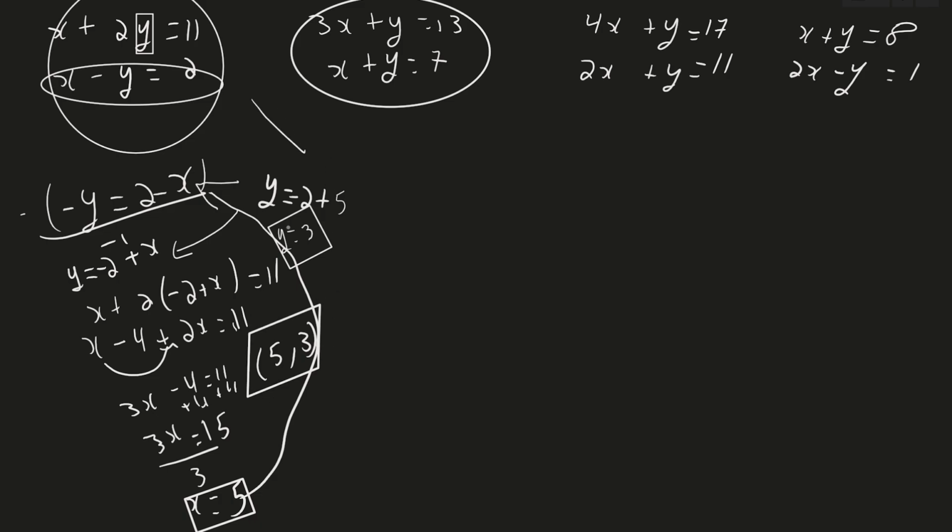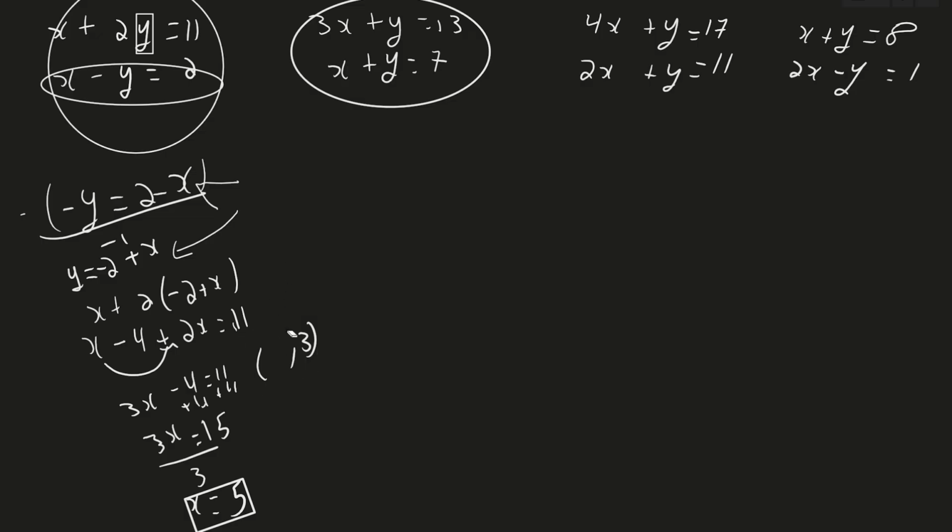So now we can solve the other one using the addition method, or elimination method, whatever you want to call it. So let's just find a way to cancel out a variable here. It might look like we can't do anything, but we actually can.